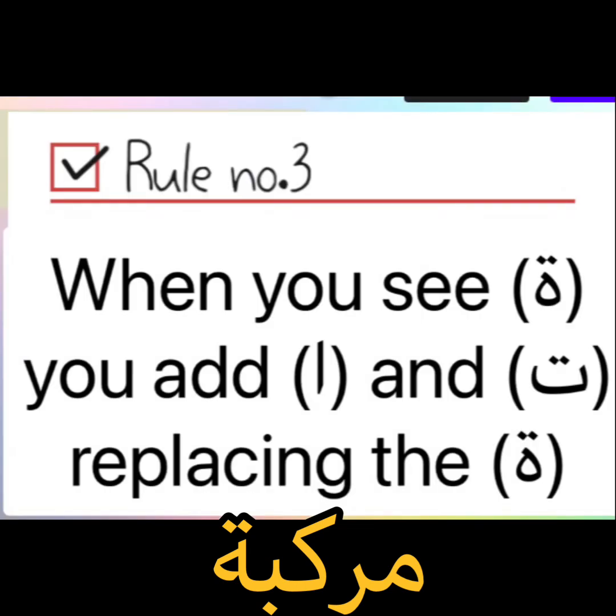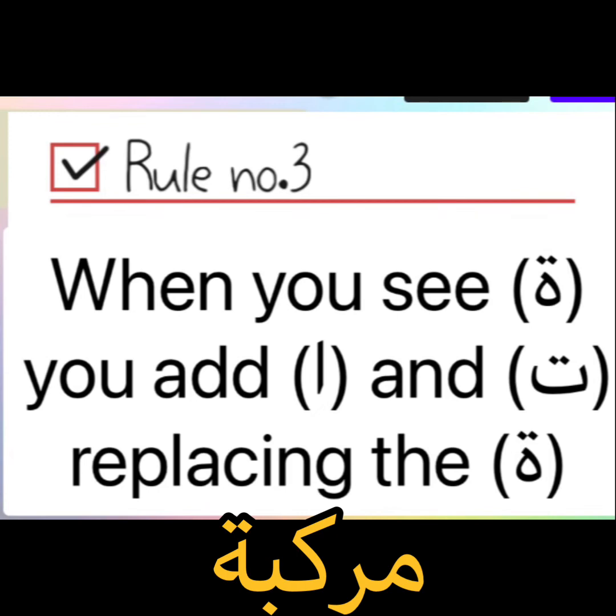Rule number 3. When you see تاء مربوطة, yes, there is a تاء مربوطة in the word مركبة. You add مد ألف and تاء مفتوحة, replacing the تاء مربوطة.